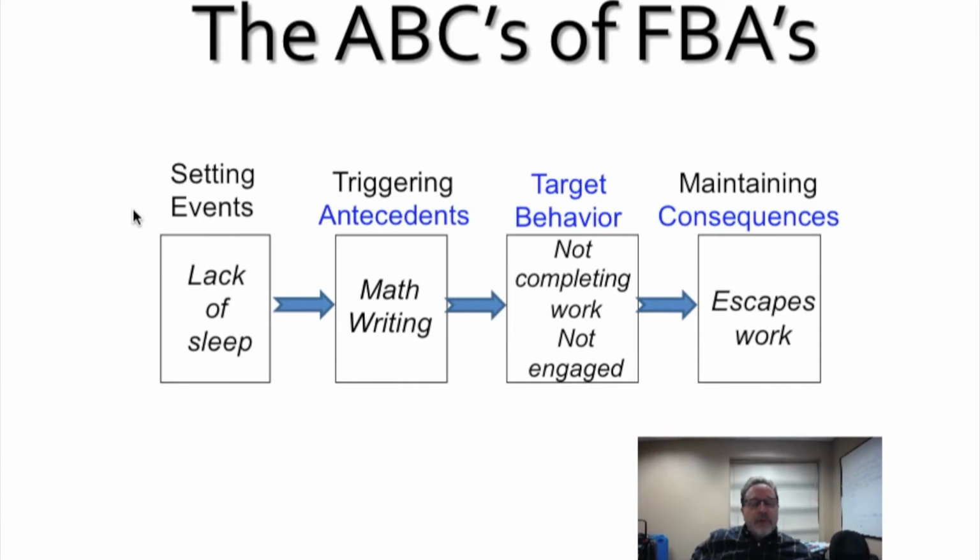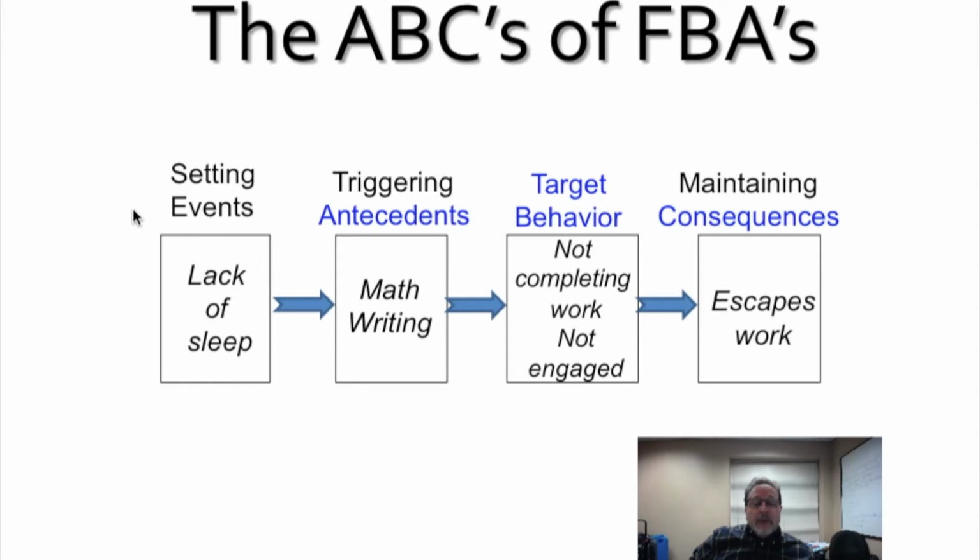So you do want to look at those contextual variables, but then you're looking at specific antecedents, things in the student's academic classroom environment that lead to the behaviors of concern. And then, very importantly, you want to look at the consequences. What happens after the student does that? If math lessons tend to be problematic times for this student, and the student often does not complete their work and is not engaged instructionally, then you want to look carefully at what happens after that.